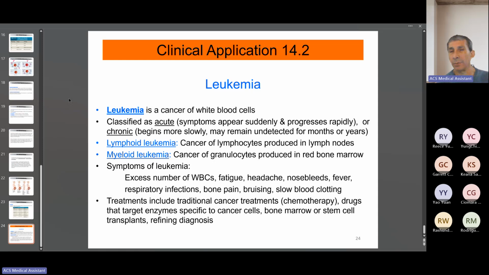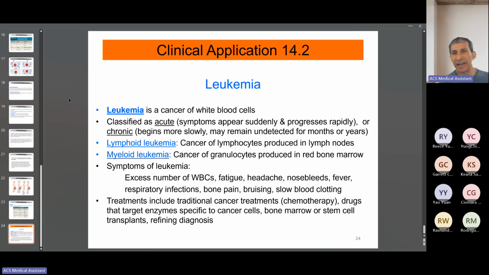Leuco, white, emia, blood. So the white blood cells in the blood. So that's basically what it is. So don't kill yourself too much trying to understand this. Just know that if a person has leukemia, it's because they have problems with the white blood cells.